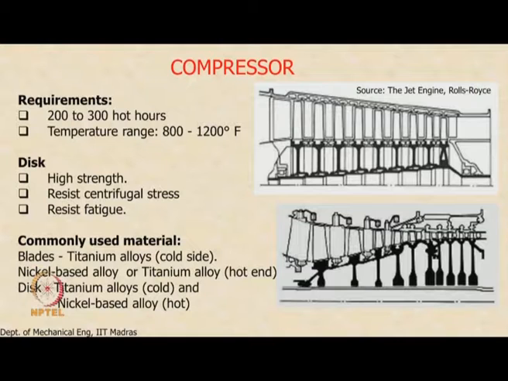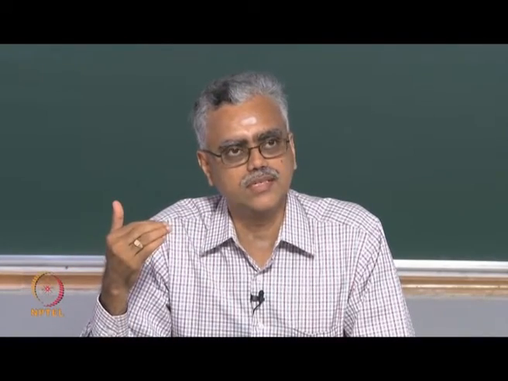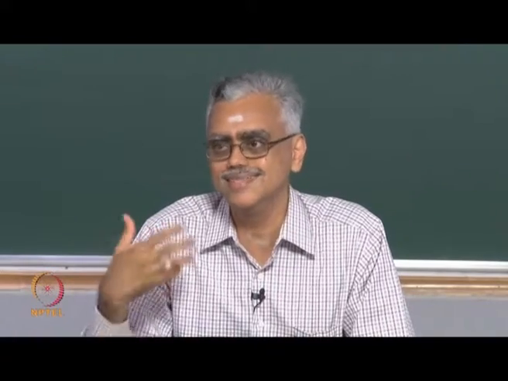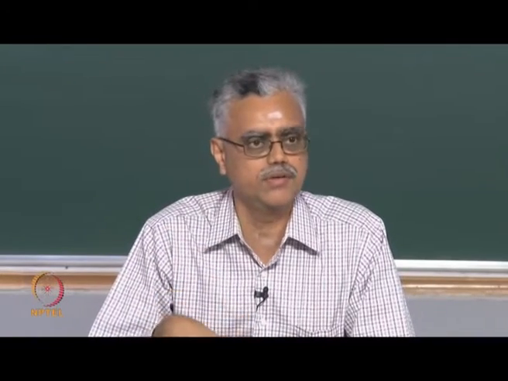So, that is the duty cycle. Depending on how much time is spent in each one of these operations, cruise is the lightest part of the entire operating cycle. That is when the load on the engine is the least. The other parts, takeoff and landing, takeoff especially, are very hard on the engine. Landing is also very difficult on the engine.